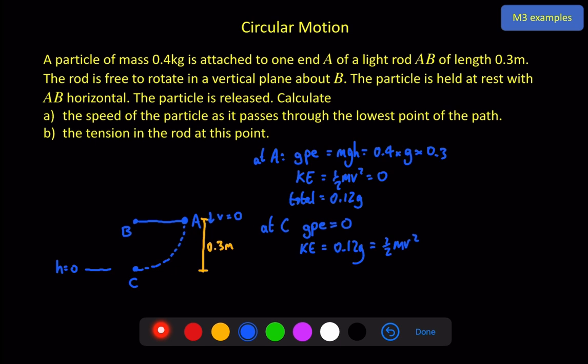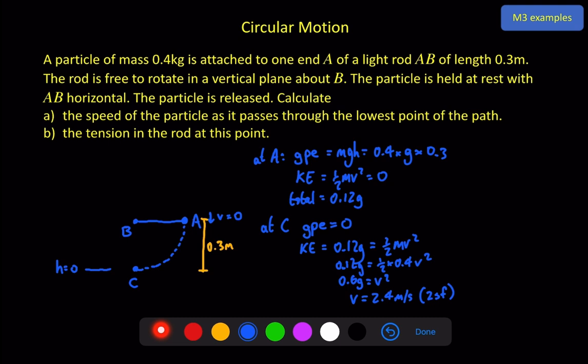So 0.12 g is equal to a half times 0.4 v squared. That gives me 0.6 g is equal to v squared. And throwing that on my calculator again gives me 2.4 meters per second for v to two significant figures using g as 9.8.